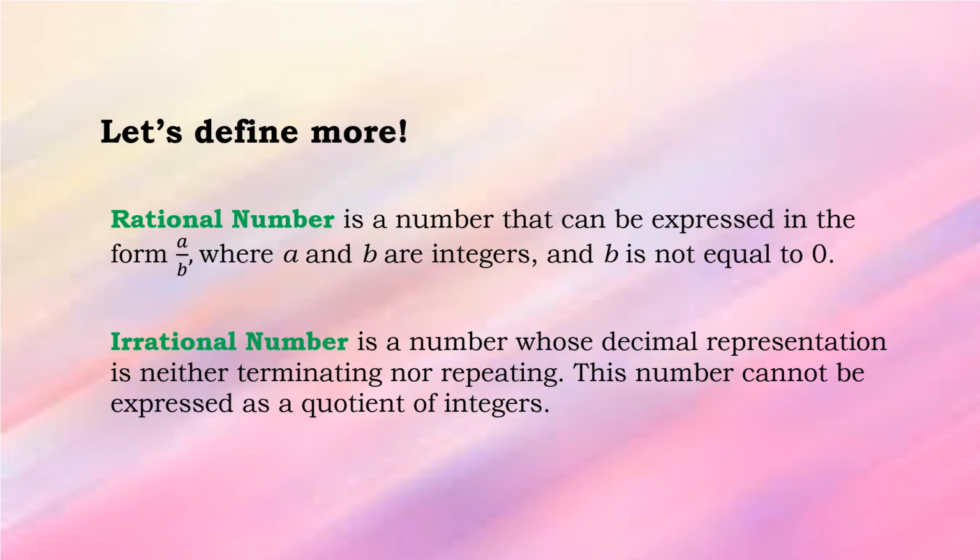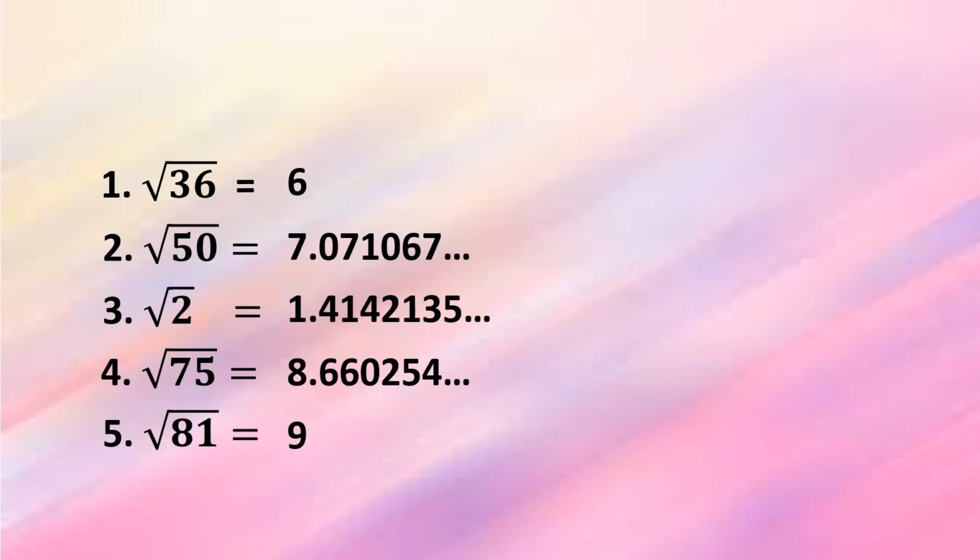Earlier in your first activity, you tried to get the equivalent value of the given radicals using a scientific calculator. You have known that the equivalent value is called the principal root. Notice that some of the principal roots are whole numbers, while some are decimal numbers.